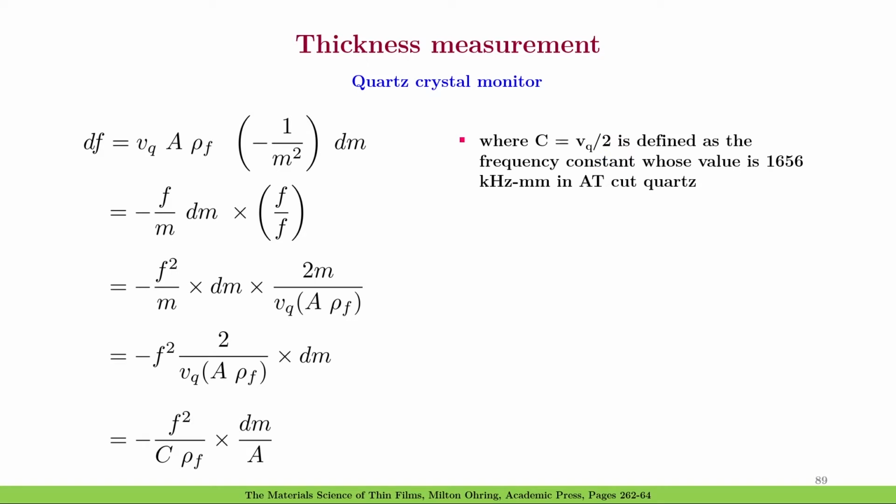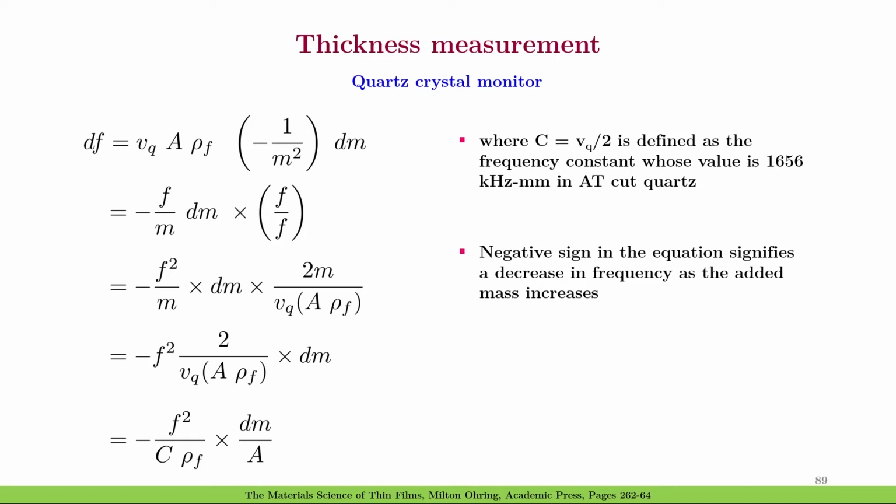We will introduce a constant c which is equal to Vq divided by 2, and this is defined as the frequency constant whose value is 1656 kilohertz millimeter in AT-cut quartz. So the final expression becomes df equal to minus f square divided by c ρf times dm over A. The negative sign in this equation signifies a decrease in the frequency as the added mass increases.